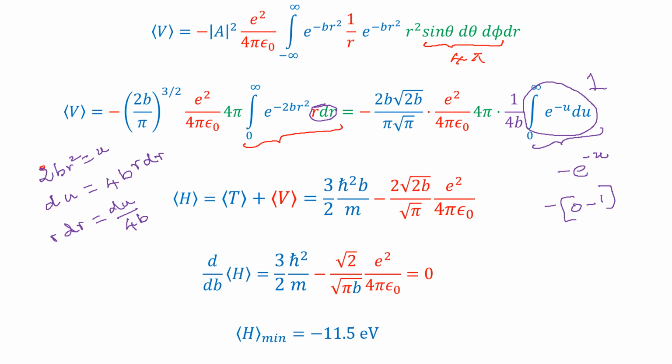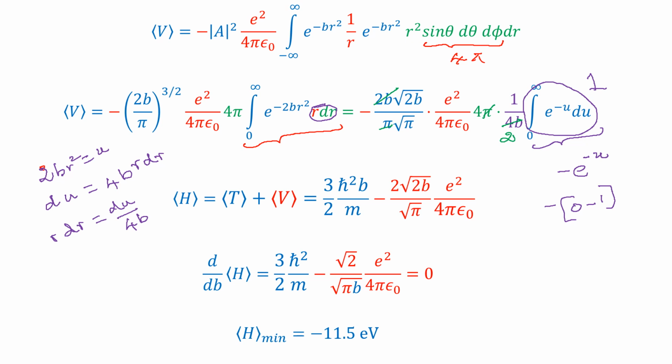Now you simplify this term. What terms will get eliminated? This I will show in a different color. This 2p will get cancelled with this 4p, and you will get only 2. And what else will get cancelled? This pi will get cancelled with this pi, and also the 4 will get cancelled with this 2.